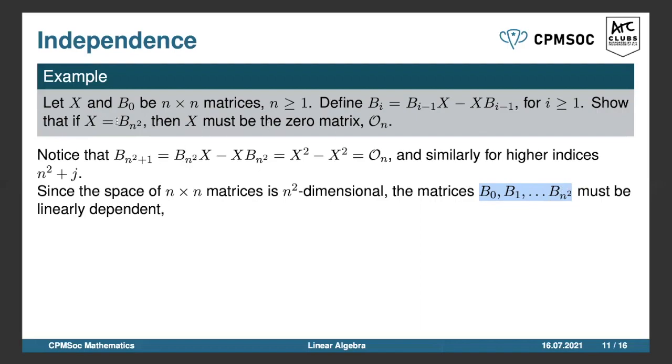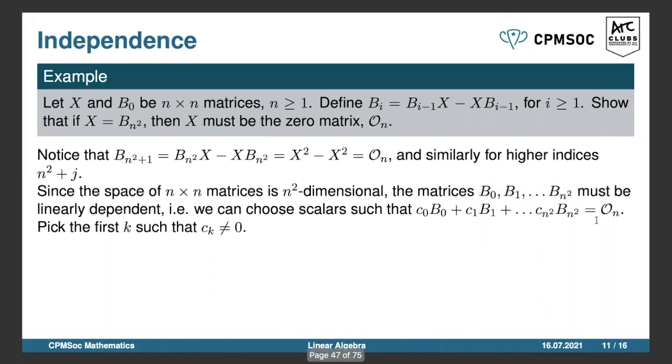But here, if we look at the matrices from B0 up to Bn squared, there are more than n squared matrices here. In this case, we'll interpret them as elements of a vector space. So we'll actually call these matrices vectors in the formal sense of obeying the vector space axioms. And since there are more than n squared vectors in this collection, they must be linearly dependent.